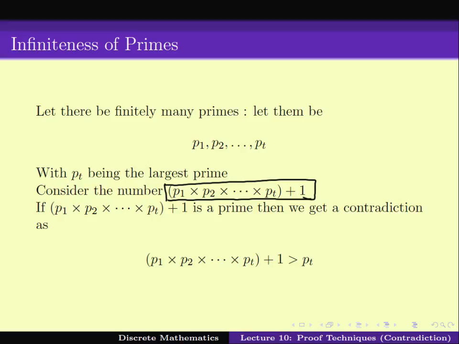We have assumed PT is the largest prime, so it contradicts that, because this one is clearly greater than PT. Now is the product of P1 to PT plus 1 a prime?